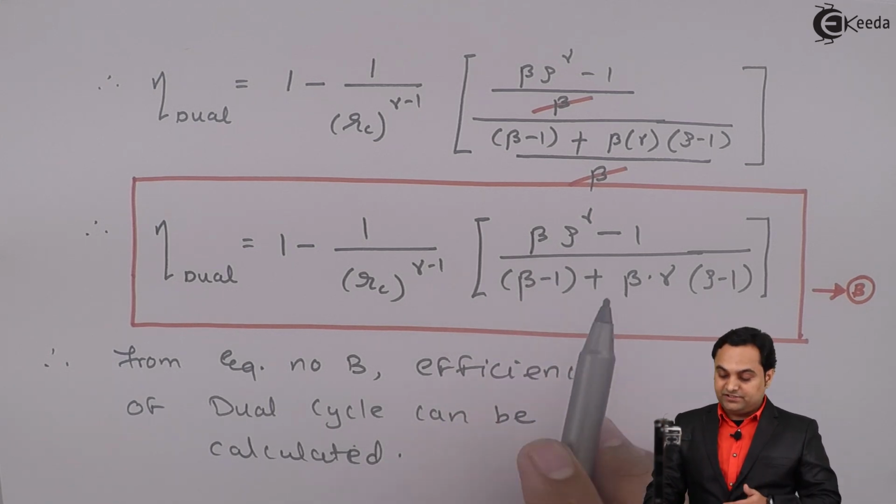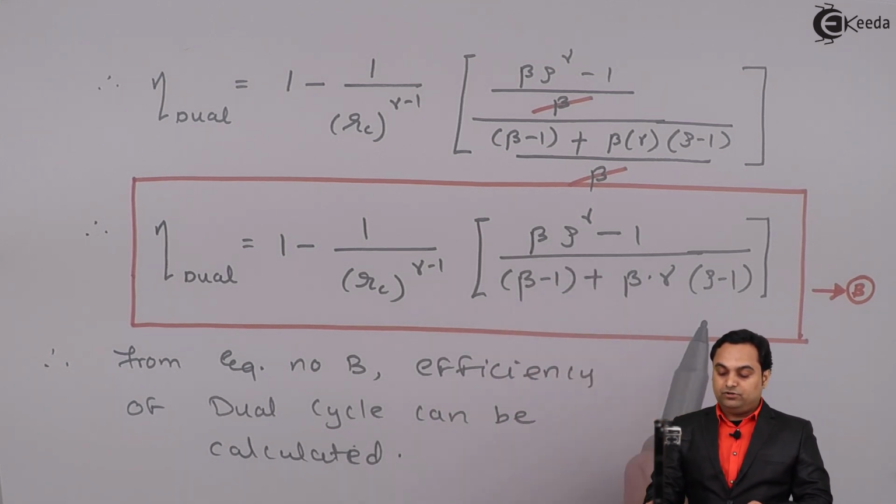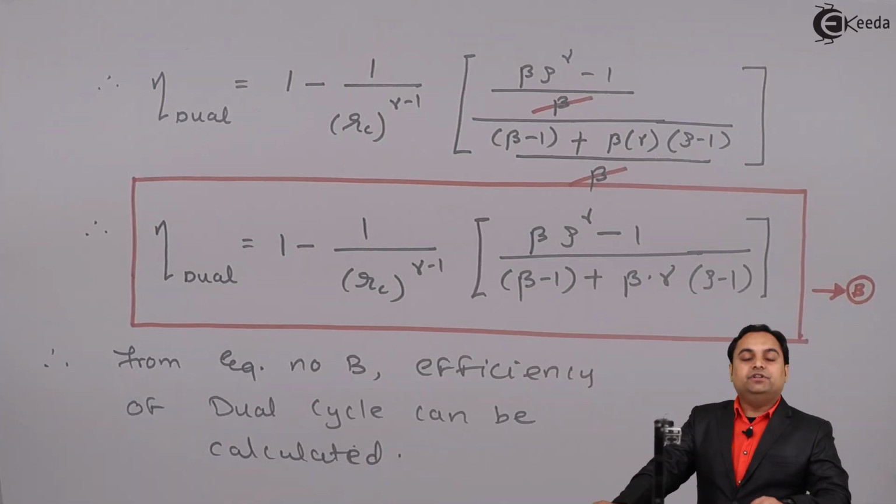So it depends on these terms, along with gamma, which is called the adiabatic index. So in this video we have seen how to derive the expression for the efficiency of the dual cycle.